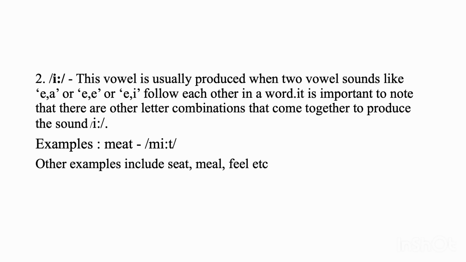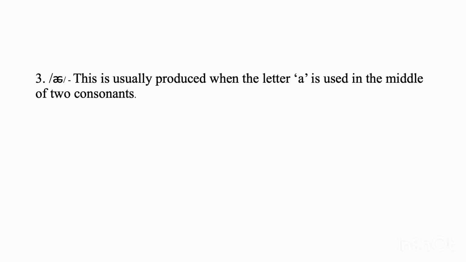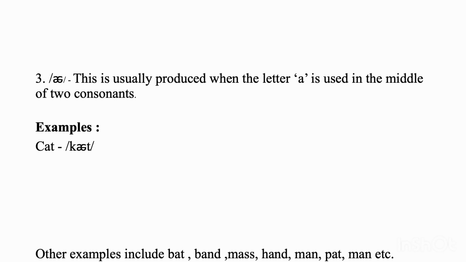So move on to the third one, A. This is usually produced when the letter A is used in the middle of two consonant sounds. Examples: cat, cat. And we have other examples too.